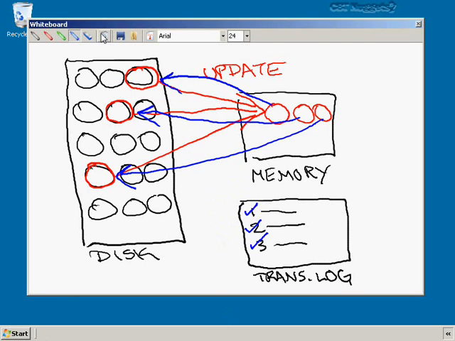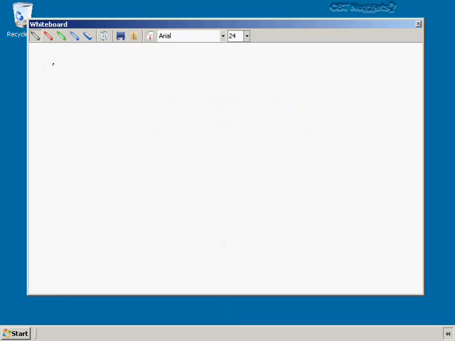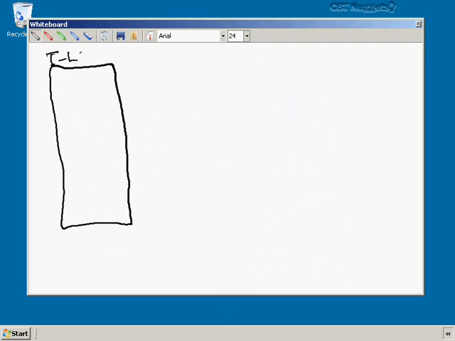Let's propose a situation where we've got a transaction log, and we're just going to call this the T log. By the way, this lives in a database file with an LDF file name extension. So that's how you can really look at it on the disk and determine what it is. So we've made 1, 2, 3, 4, 5, 6, 7, 8 changes. Now those all represent changes that SQL Server has made. And let's say that 1, 2, 3, and 4 have had their pages written back to disk.